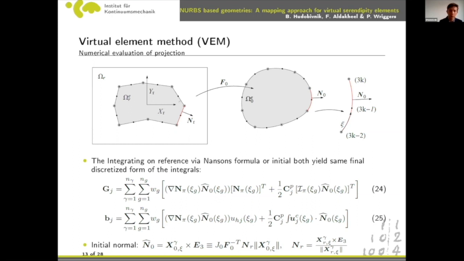Or we can calculate the normal NR and then use the transformation matrix F0, this mapping, to shift it to the curved geometry. Both of these ways will yield the same final result. And then we can use a numerical integration scheme, Gauss integration points, with multiple points on this straight edge here, and we will obtain the correct projection parameters.